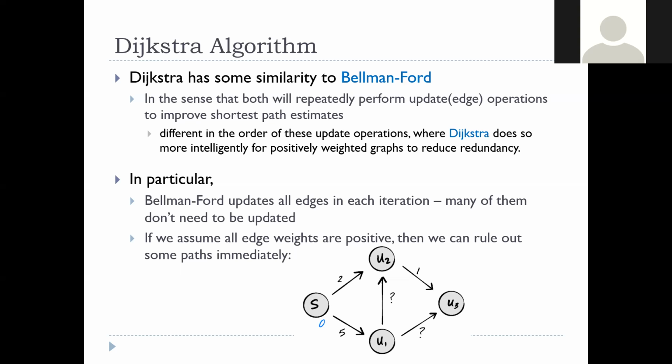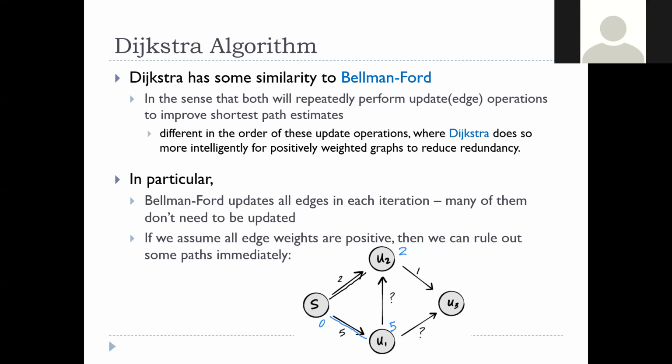Let's say we perform the first round of updates for all the edges, and when we perform the update for this edge, we know that U2 will receive a distance estimate of 2. When we update the edge S to U1, then we find a better way to reach U1, and U1 will receive estimate distance 5. It doesn't matter what these other edges are at the beginning. When we run the updates, it depends on the order, and we probably don't improve.